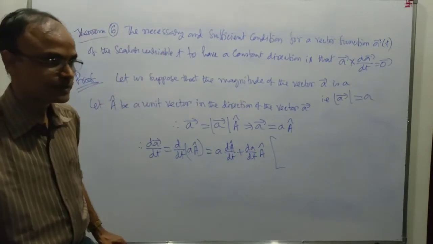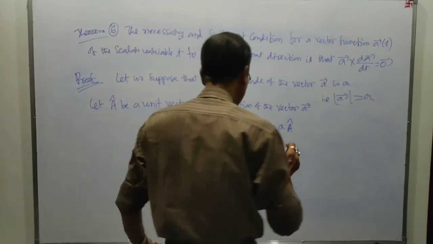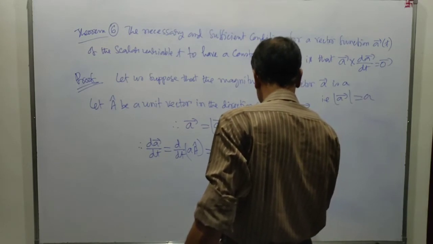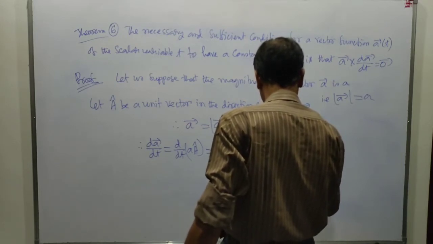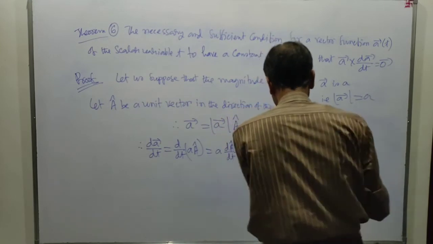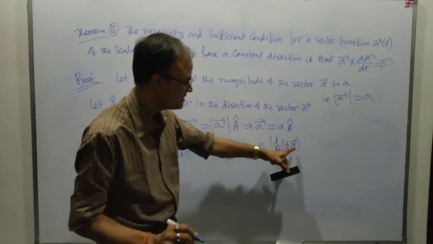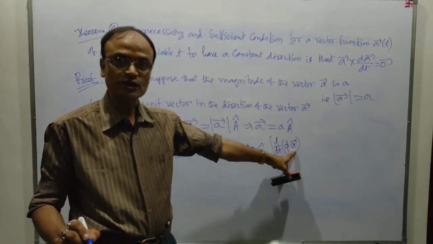We gave you a theorem, a formula: d/dt of (phi A vector), where phi is a scalar and A vector is a vector function.